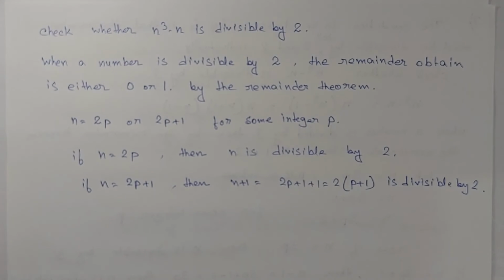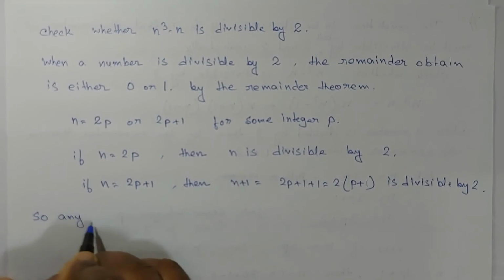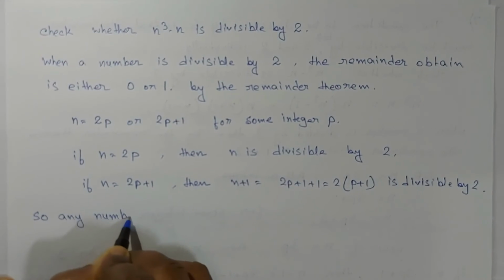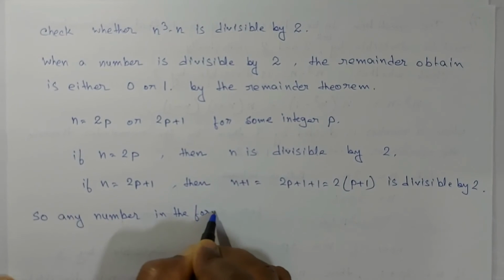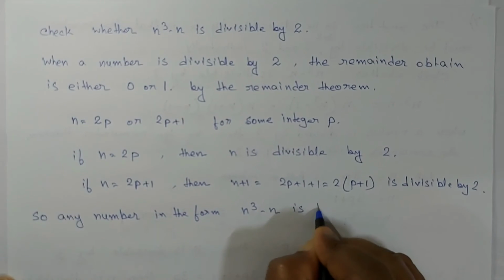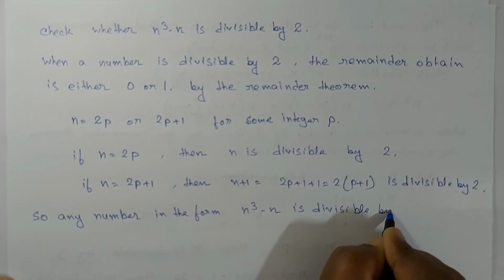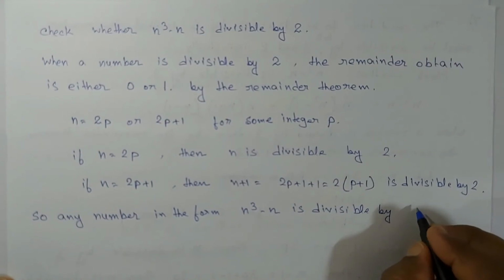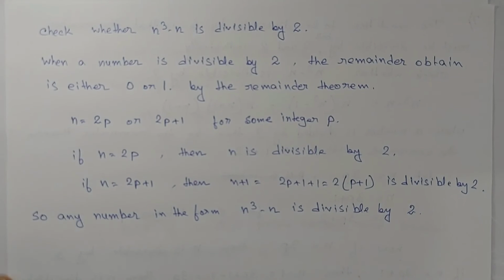Okay. So we have seen that any number in the form n cube minus n is divisible by 2. Okay.